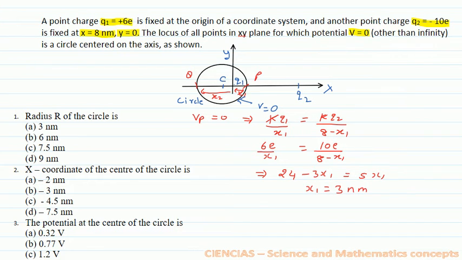Similarly, potential at Q is also 0. Therefore kq1 upon x2 equals kq2 upon 8 plus x2.